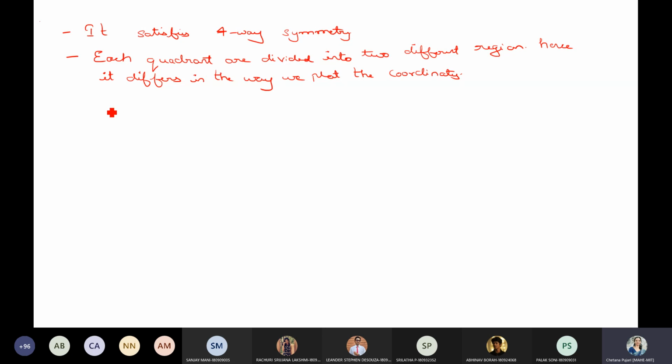So it will be something like this. This will be elongated. This is our region 1, and this is our region 2. What kind of decision will be made in region 1?